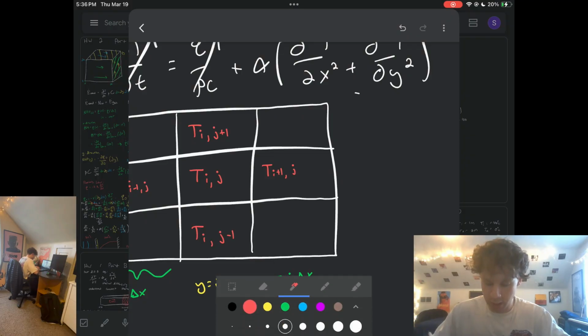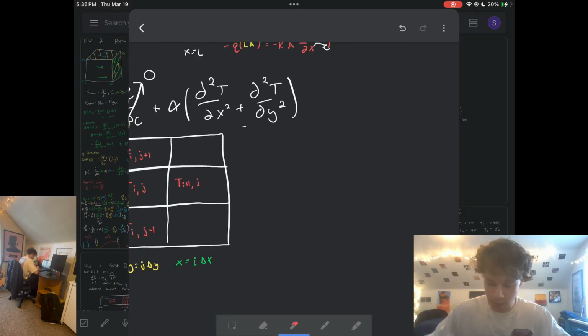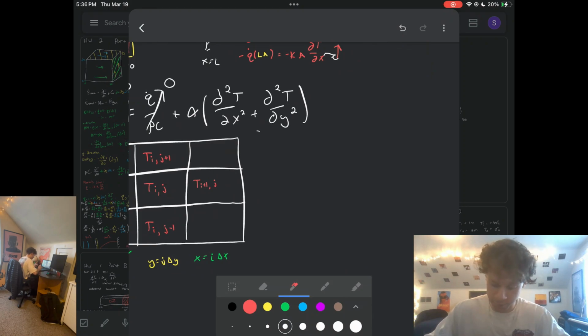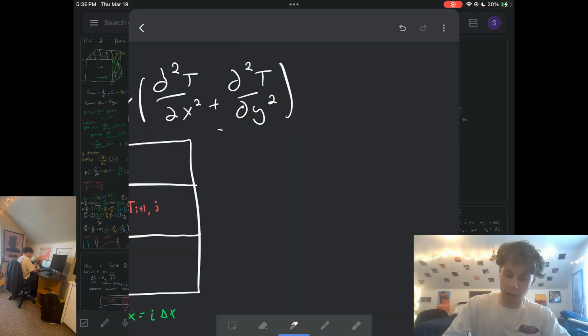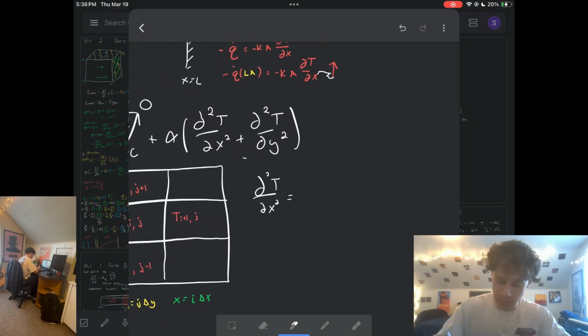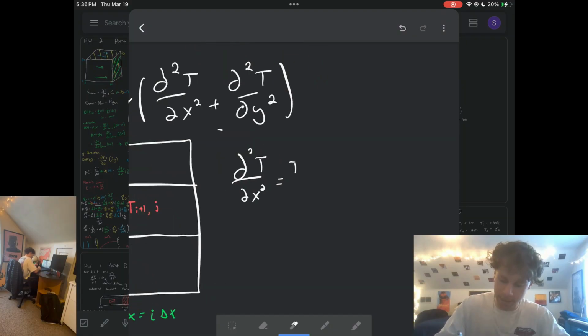So using our finite difference approximation, in our x component, the second derivative of temperature with respect to x is equal to T i plus 1 j minus 2 times T i j plus T i minus 1 j, all divided by delta x squared.